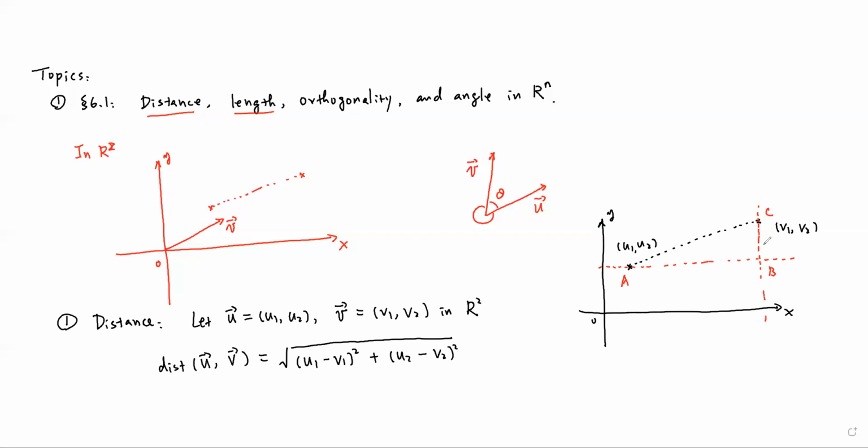What is the distance? It is V1 minus U1, right?